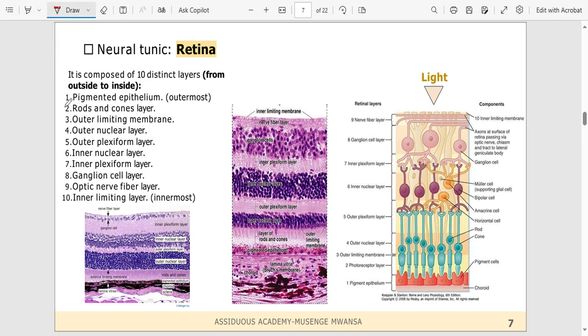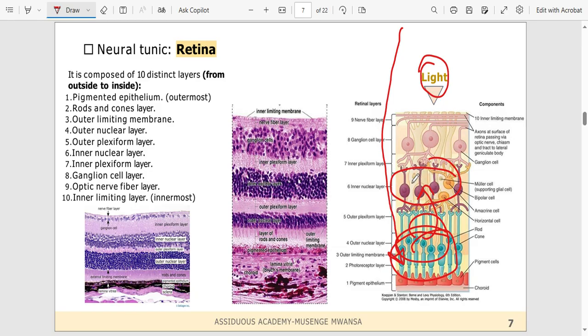So there is some interesting physiology that we can talk about here, but this is not neurophysiology, so keep it there. But when light moves all the way from here, because it has come from the pupil side, it will come and hit the end, stimulating these cells. When these cells are stimulated, they release neurotransmitters which will stimulate the bipolar cells.